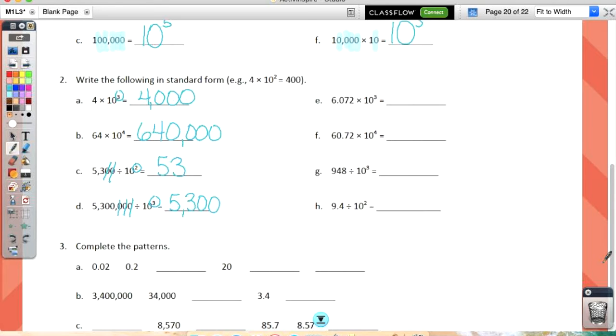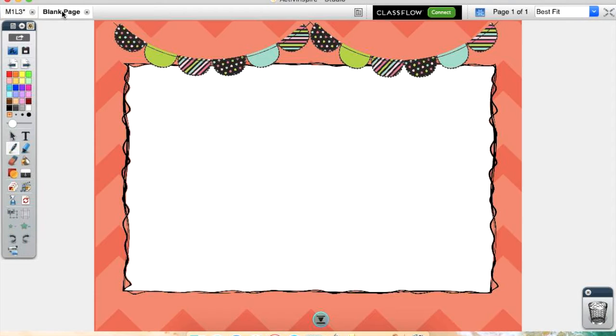Look at G, though. G is a whole number. So if I divide, I have to cross off zeros. Can I cross off zeros? No. Okay, so on the blank page, this is 10 to the 3rd power. So, boys and girls, how many times do you think I'll move the decimal? 3 times. Okay? So 6.072 on the blank page.